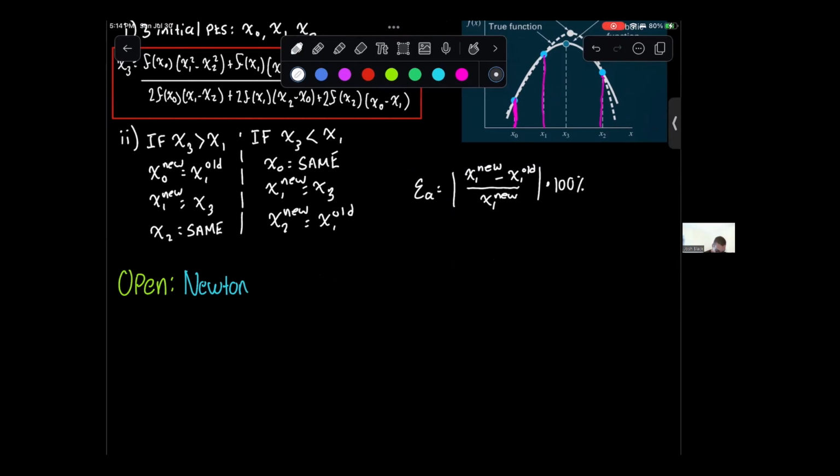So we remembered to find a root, we use the Newton-Raphson method, and that said xi plus 1 is equal to xi minus f of x divided by f prime of x. We're going to use the same scenario, but we're going to change our f's. I'm going to say g of x is equal to f prime of x. Now, our equation looks like this.